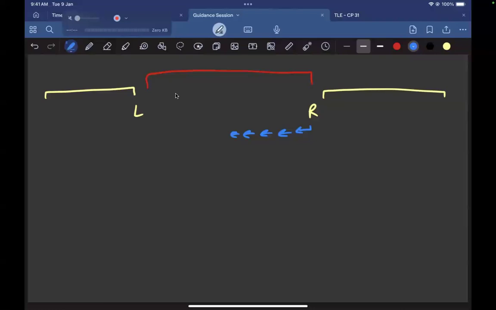I'll keep on decreasing R one by one till it reaches a place after which if I decrease R even more, this range will not have at least one frequency from 0 to mx minus 1. So this is, let's say, the R where I stopped, knowing that now this segment still has 0 to m minus 1 numbers at least once.